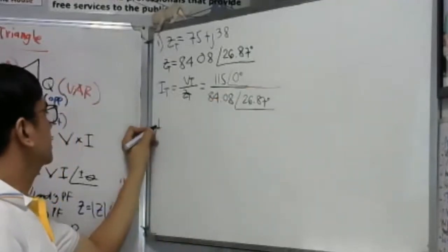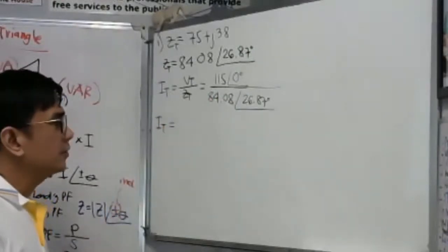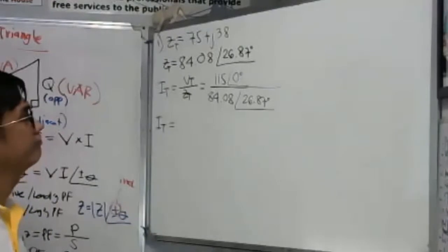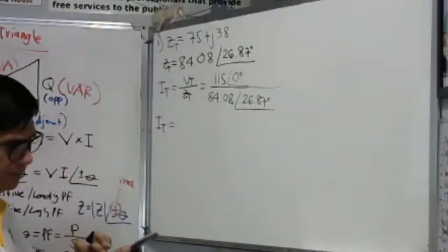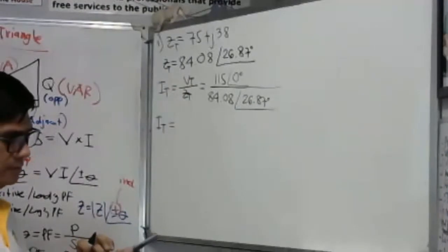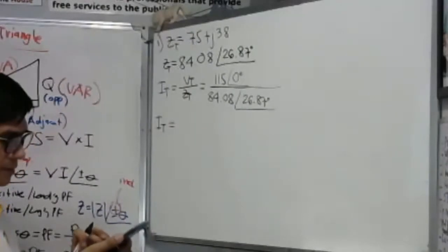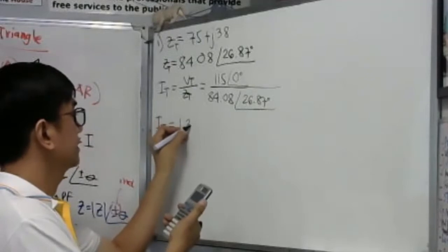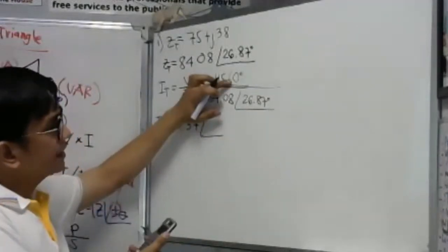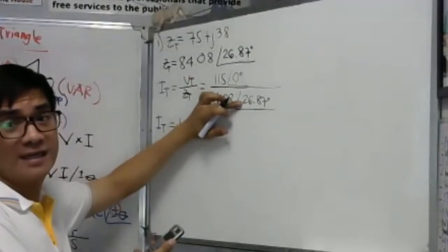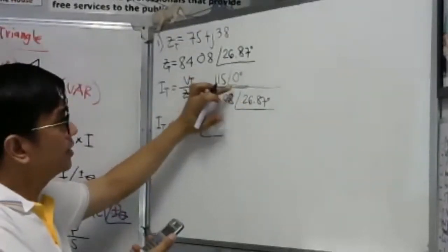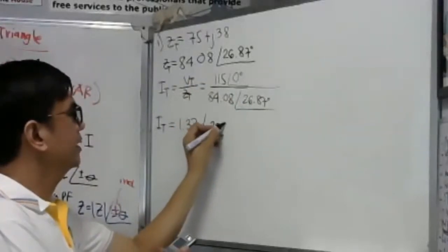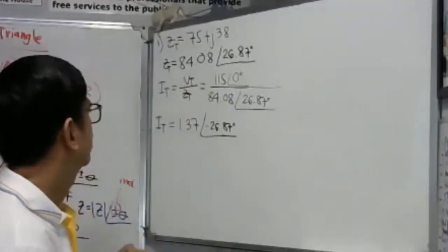We divide 115 by 84.08, which equals 1.37. For the angle, you subtract the angles when dividing: 0 minus 26.87, so negative 26.87 degrees.